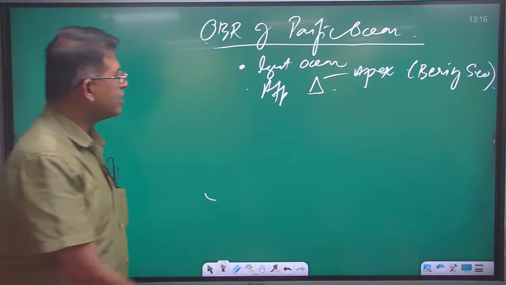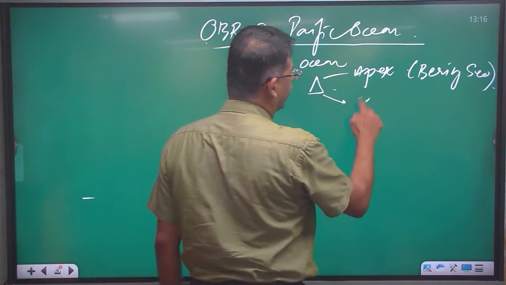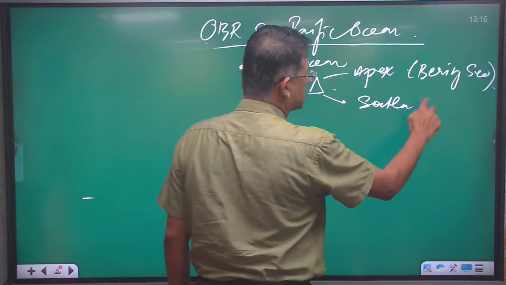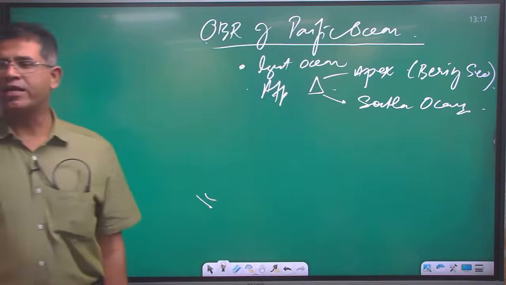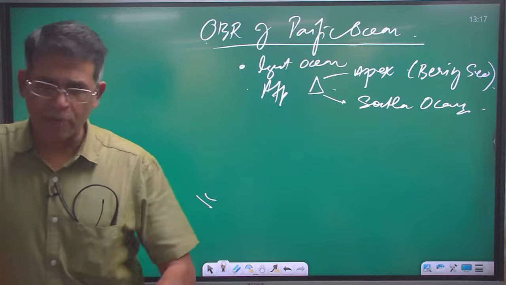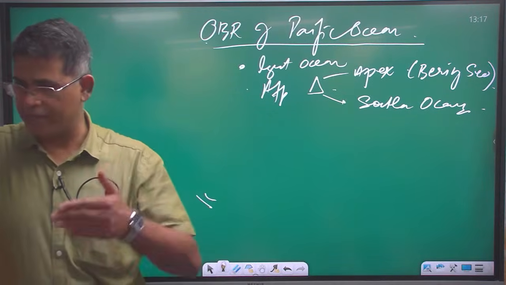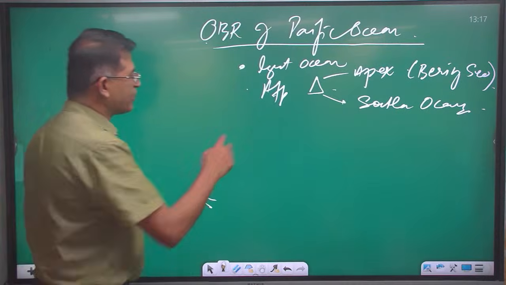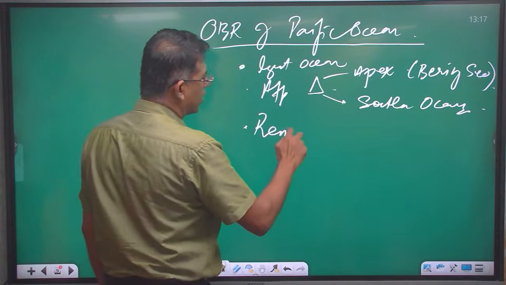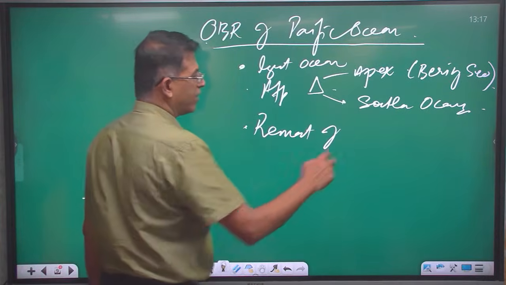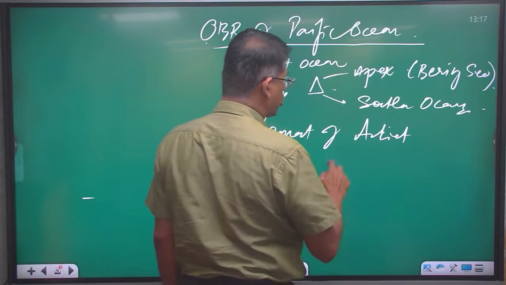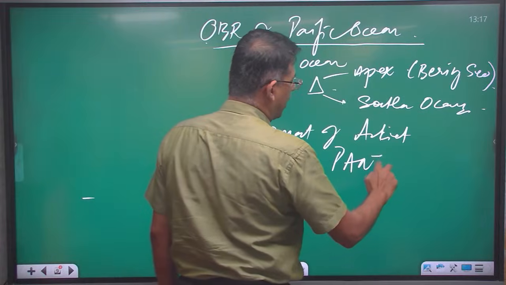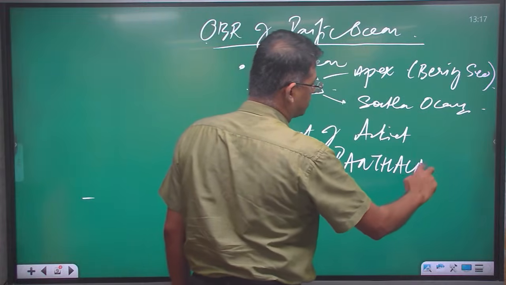Okay, and the base जो है is part of what's called as the Southern Oceans bordering Antarctica. Okay, they're approximately triangular in shape, largest one. The Pacific Ocean is the remnant of the ancient ocean called as Panthalassa.